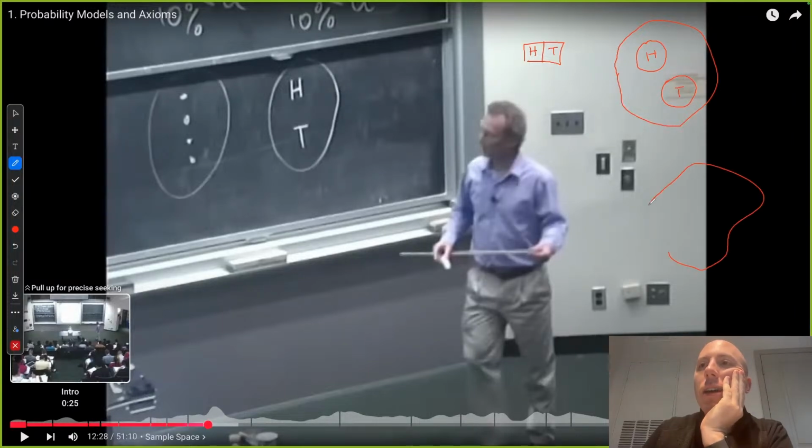And more accurately, it would be split in half, heads and tails like this. This is the event that heads happens. This is the event that tails happens.